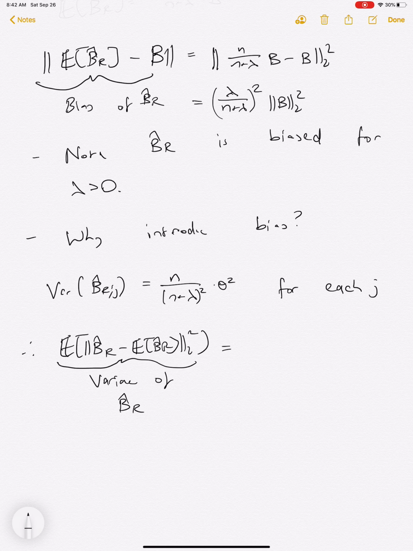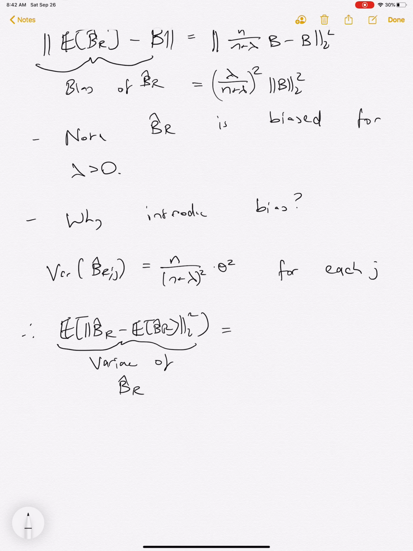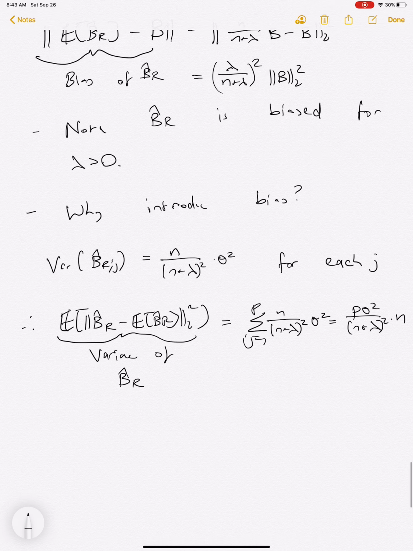That's just going to be equal to, you're going to add that up p times, times sigma squared. So you're just going to get p sigma squared over n plus lambda squared times n.